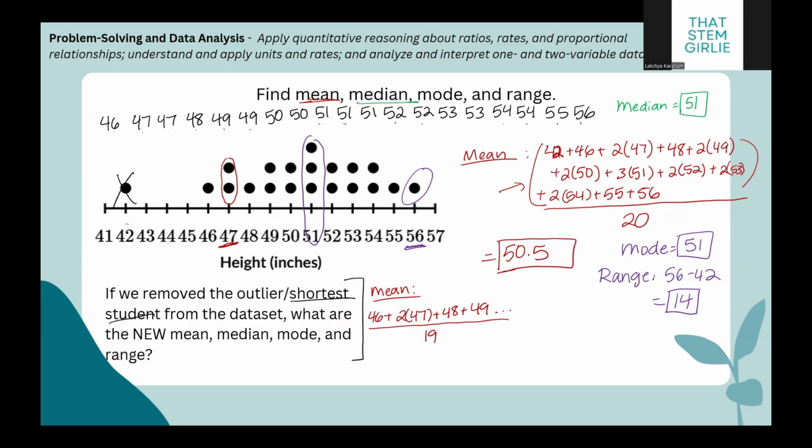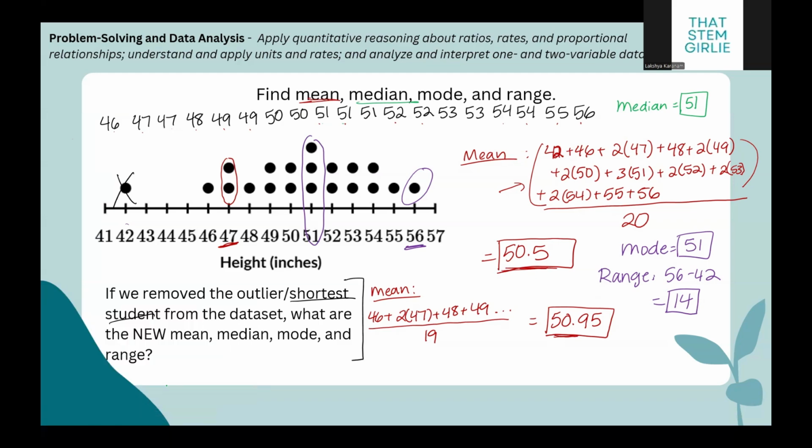So if I remove this and then put a 19 in the denominator instead, I would end up with 50.94, or 95 if I rounded. So as you can see, the average actually went up a little bit compared to the original because you no longer have the smallest number kind of pulling it down, right?